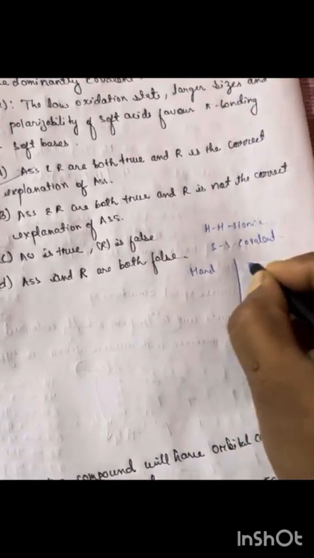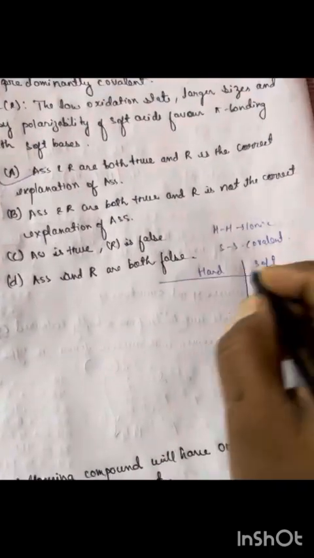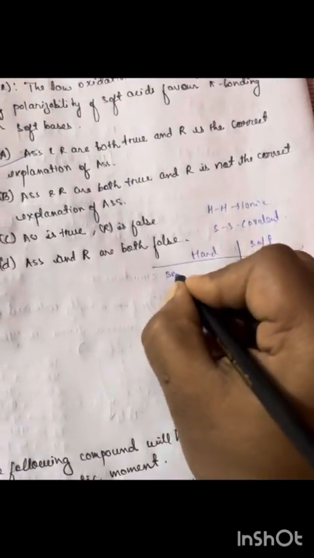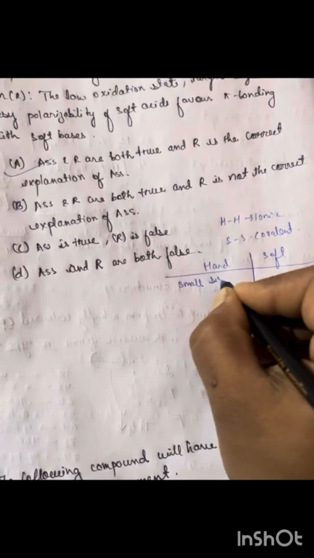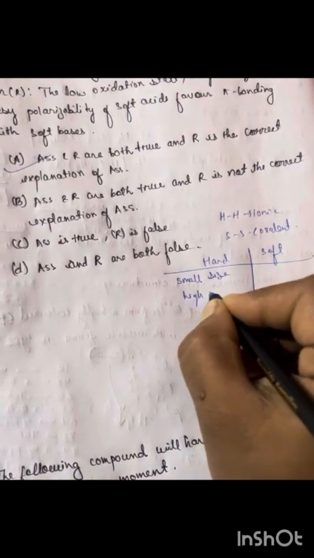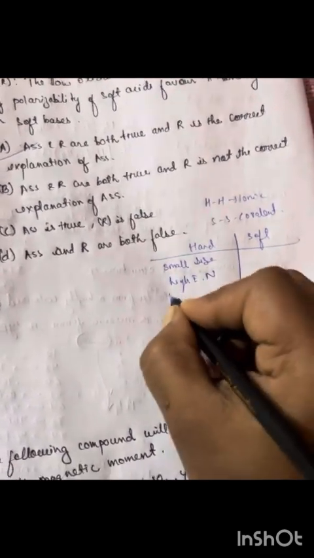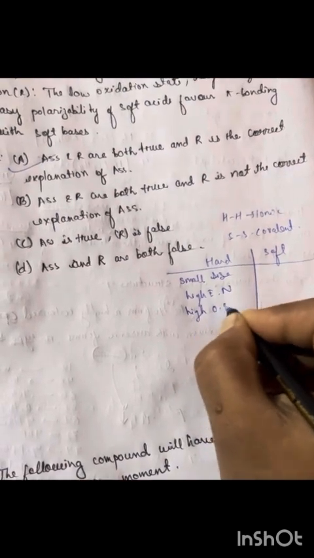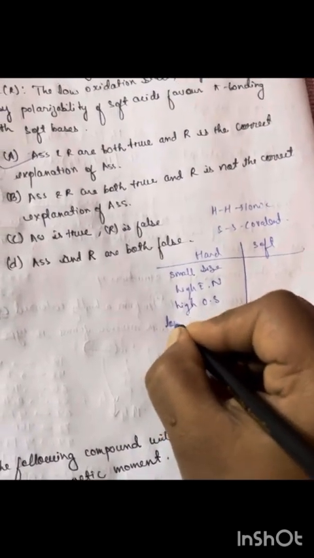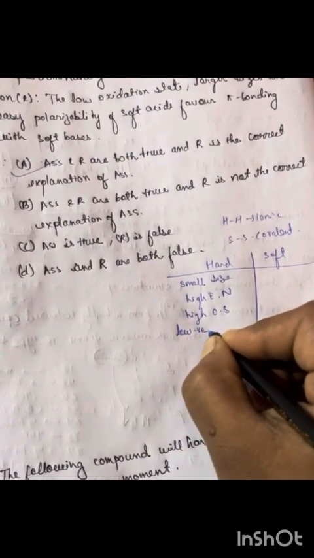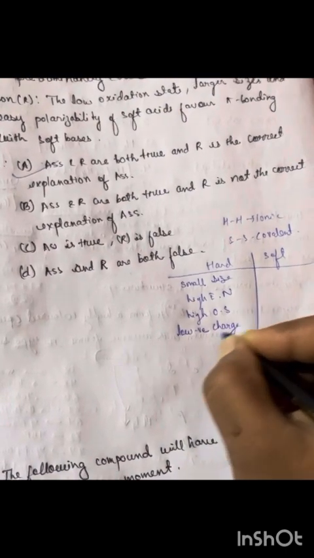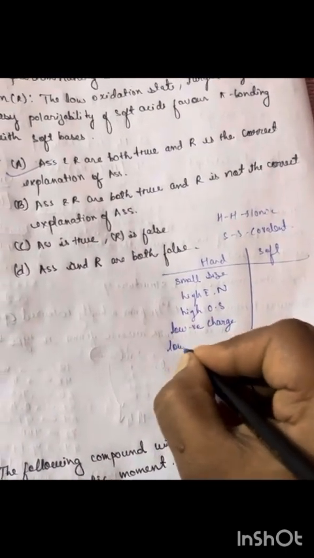Hard, soft. Remember, hard means small size, high electronegativity, high oxidation state, low negative charge, low polarizability. Polarizability, how do you know?